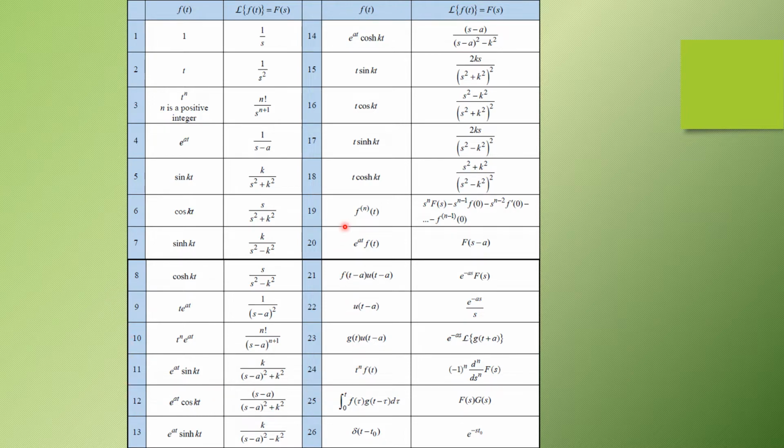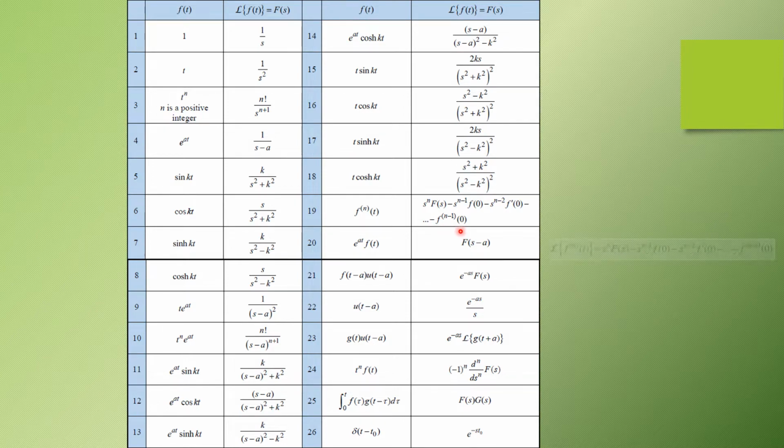Okay, so the Laplace transform for the nth derivative of f, which is expressed in terms of t, is given by s to the power of n F(s) minus s to the power of n minus 1 f of 0 minus s to the n minus 2 f prime of 0 minus, and the dot here means there are some intermediate terms in between, minus the (n minus 1)th derivative of f of 0.